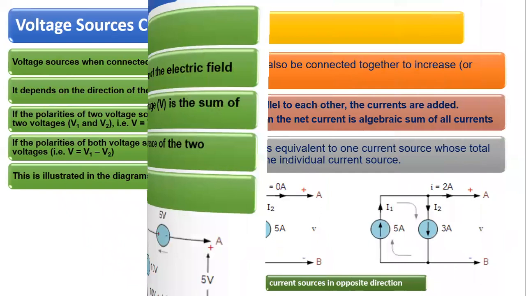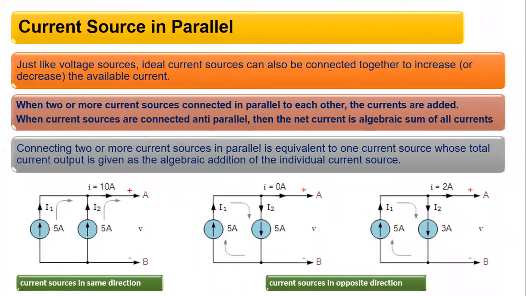Now let us come to the current sources in parallel. Now there may be a question that why do we have current sources in parallel and why don't we have the current sources connected in series? It is undesirable to connect the current sources in series to one another. There are certain reasons behind it.